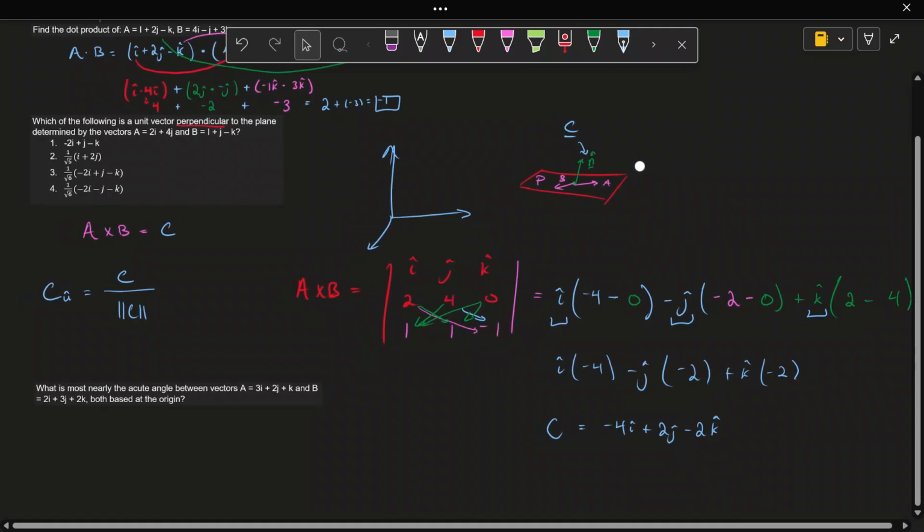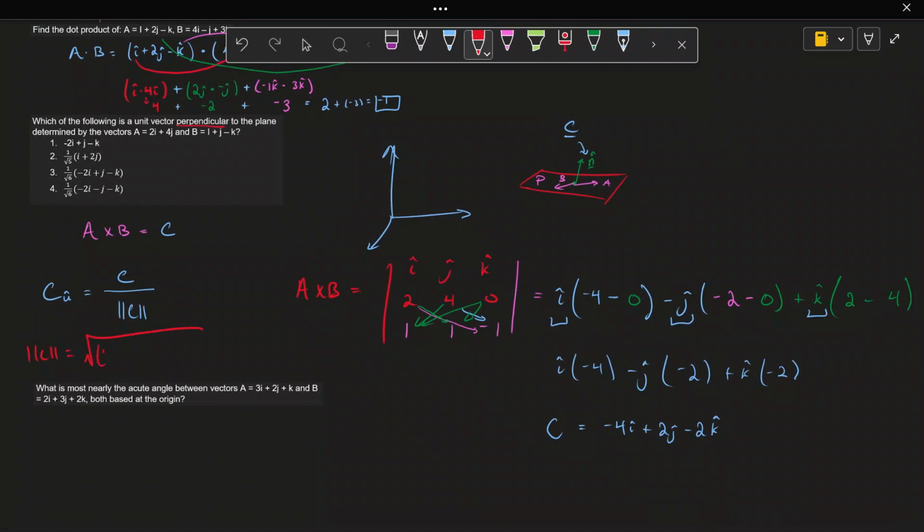Okay, so now we have to find the norm of our C vector, which is going to be the components squared and added up, and then the square root. So this should be equal to 16 plus 4 plus 4, 24.